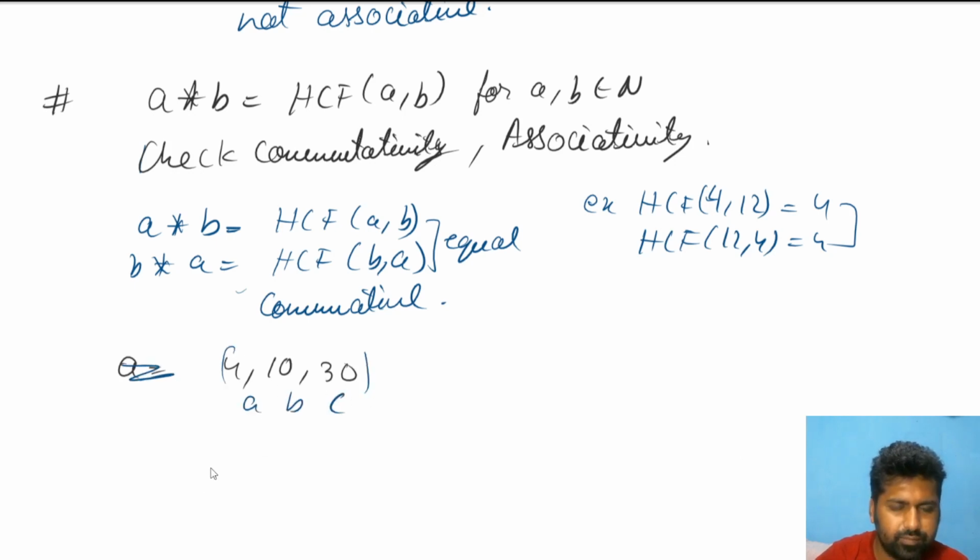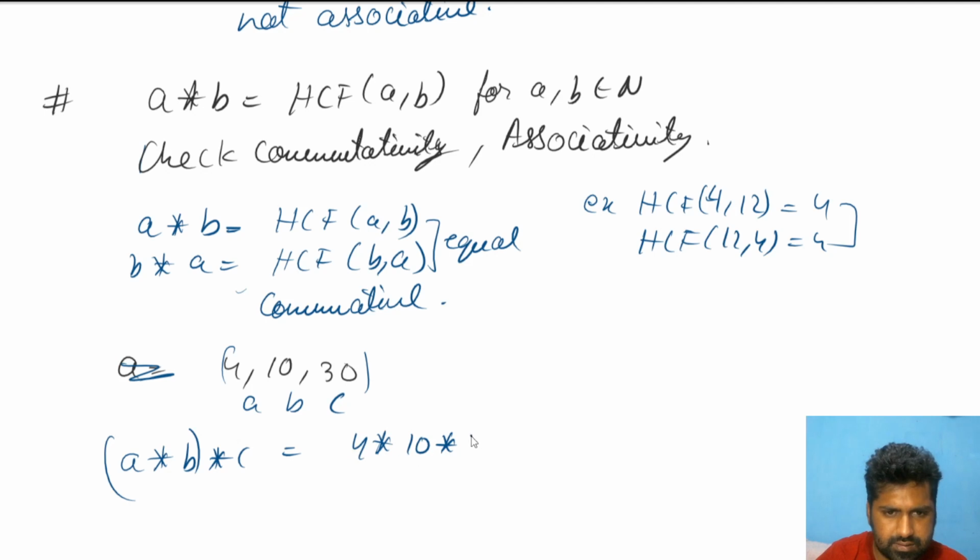Let's do A star B star C in this order. So first of all, HCF of 4 and 10 is 2, star 30.